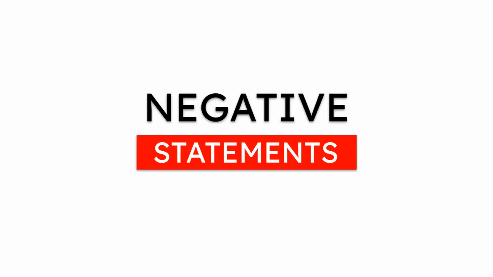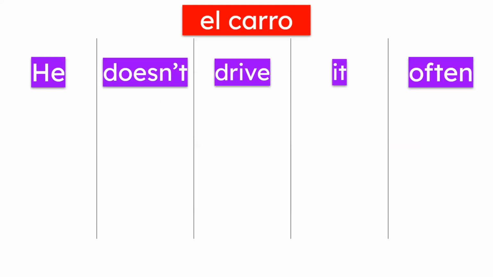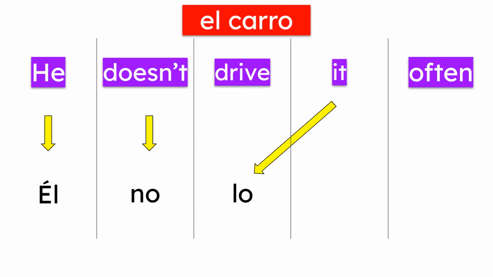And now we move on to the negative statements. What do we have here? Let's see. He doesn't drive it often. And it is referring to the car, his car. El carro. Okay, so that would be el, no, very good. El carro is masculine, so el no lo. And we have two words for drive. They mean exactly the same.